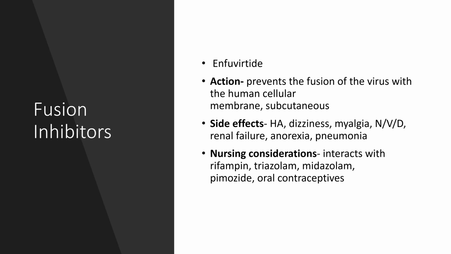Can anyone tell me what would be your top thing for infection prevention? Yes, hand washing. So you're going to be using hand washing. You're going to teach them to avoid large crowds. That's because pneumonia is one of their side effects.